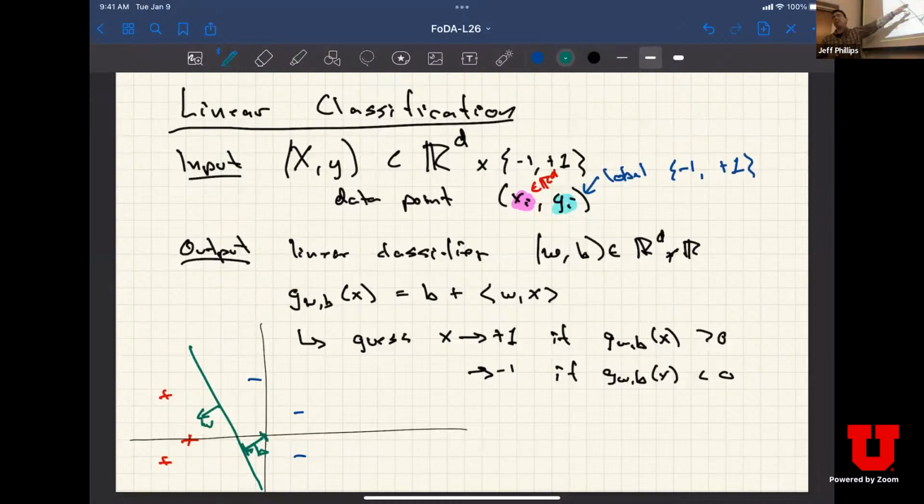So this is how we parameterize this classifier. And this is our output, and our goal is to learn a W and B which does a good job on new data that we haven't seen yet.